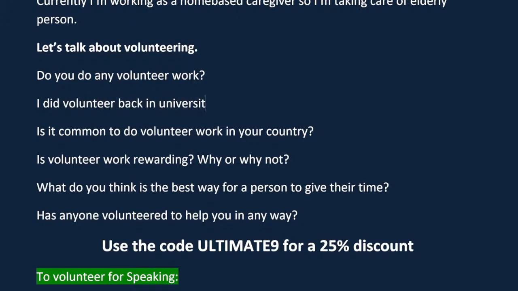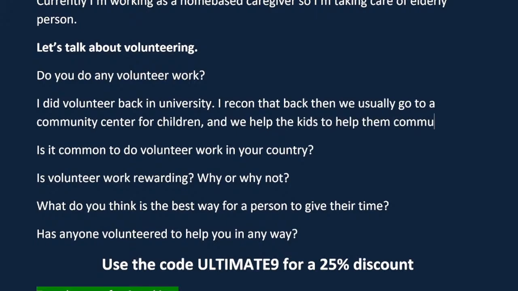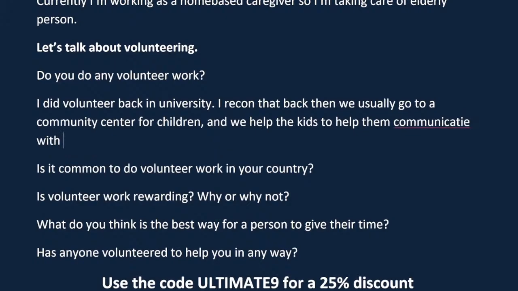I reckon that back then we usually go to a community center for children, and we help the kids do some sort of activities to help them communicate with other people. And apart from that, we also give them toys and play with them.